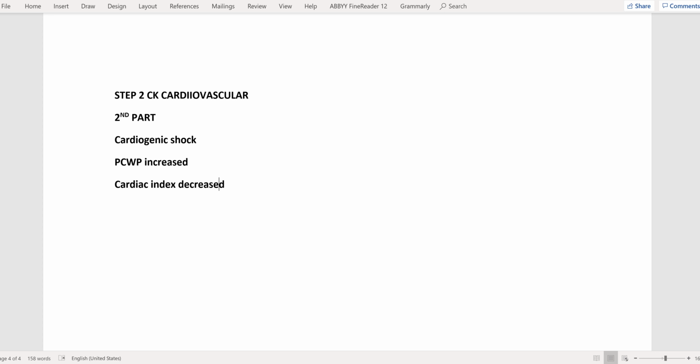Systemic vascular resistance, in which one? And cardiogenic and hypovolemic shock, what is going to happen in each? Hypovolemic, it'll be decreased. No, cardiogenic is going to be increased. No, it's going to increase in both, because systemic vascular resistance is the RAAS system, the aldosterone, which causes vasoconstriction.